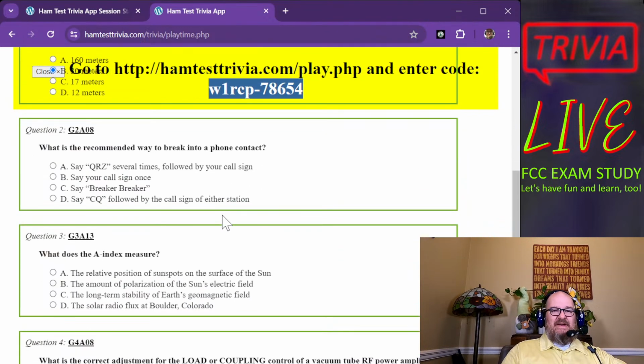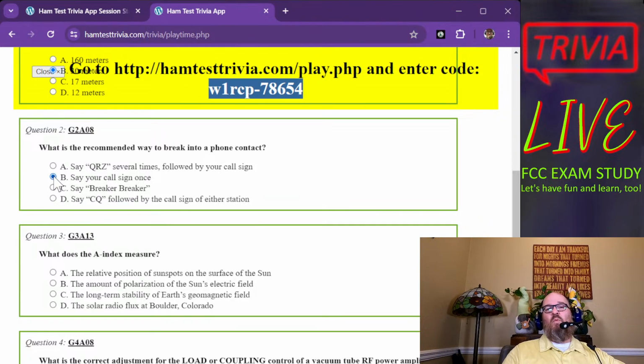What is the recommended way to break into a phone contact? I like number C. Number C says say breaker, breaker. Y'all, if you're going to interrupt somebody, you want to say the least amount of information possible.